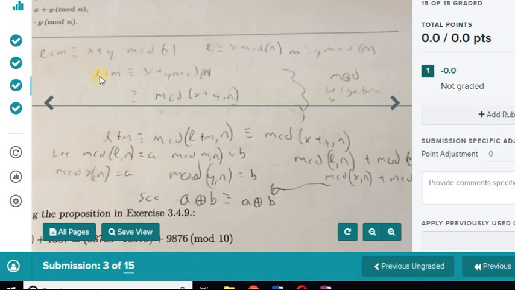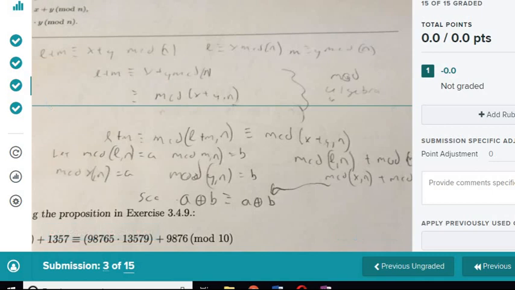Now this is the given here. And then here again is what you want to prove. And then here's a statement that's not true. It's not true that L plus m is congruent to, well, let's see. It is actually true that L plus m is congruent to this modulus here, but I don't see what's going on here to make this work.